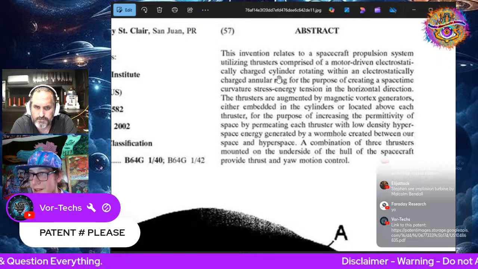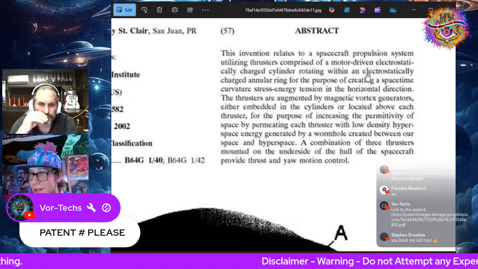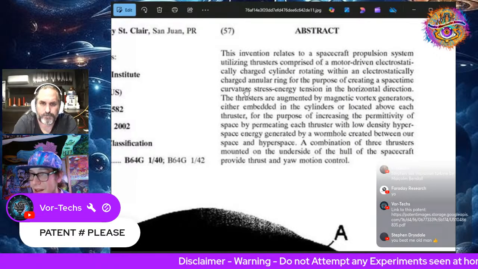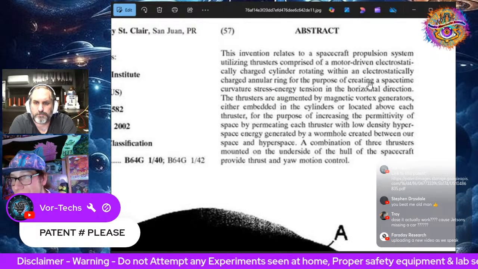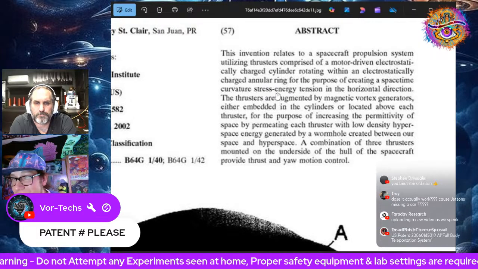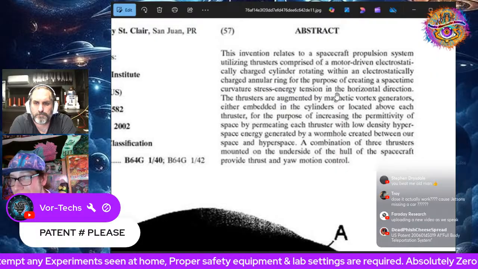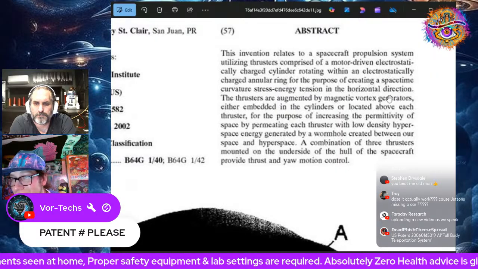Motor-driven, electrostatically charged cylinder rotating within an electrostatically charged annular ring for the purpose of creating a space-time curvature, stress, energy, tension in the horizontal direction.